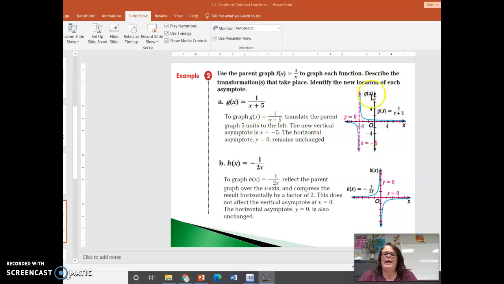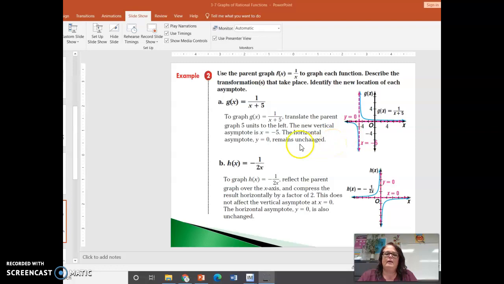So do you see that my asymptote at x equals 0 shifted to the left 5 units, and now the asymptotes cross at negative 5 comma 0. The rest of the graph looks exactly the same. So if we go from that corner point to the right 1, the reciprocal of 1 is 1. If we go to the right 2, the reciprocal of 2 is 1/2. Same thing to the left 1 is negative 1 for the reciprocal, to the left 2 would be negative 1/2, etc.